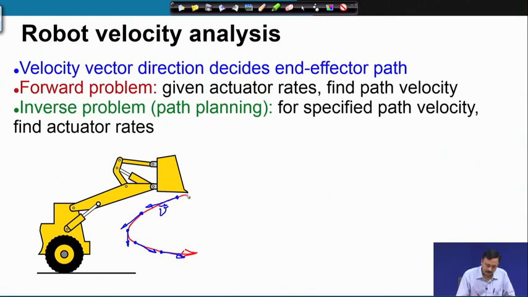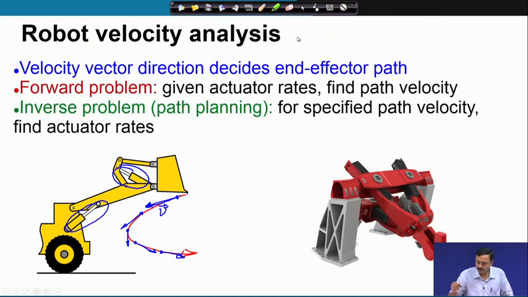So, suppose at this point if I want to have this velocity vector, what should be the expansion rates of these two actuators? Or the forward problem is given the actuator rates, what is the velocity on the path? So, either way you can look at this problem.